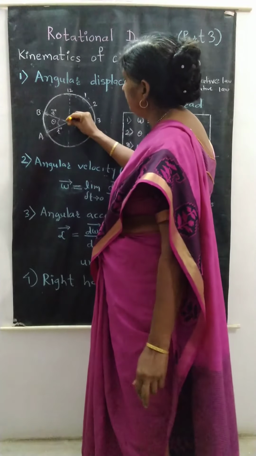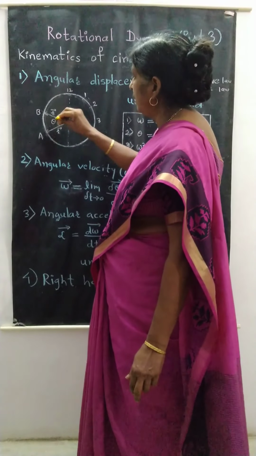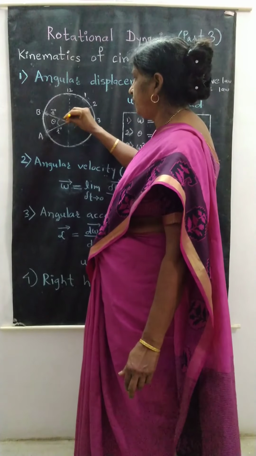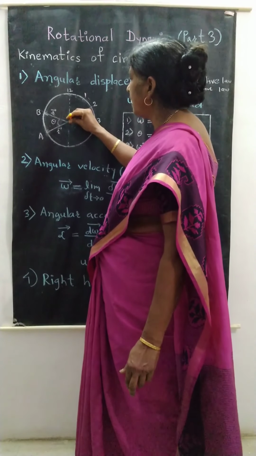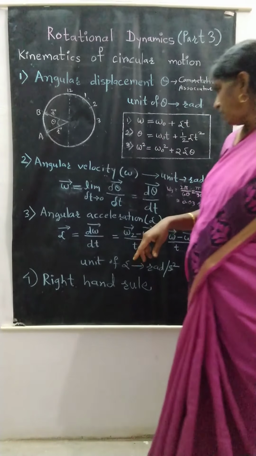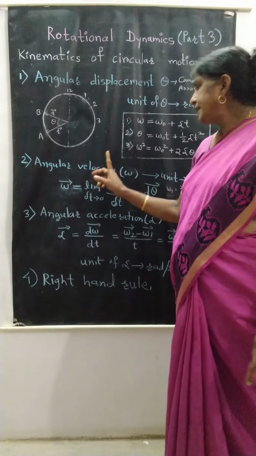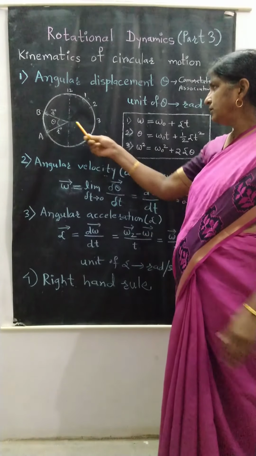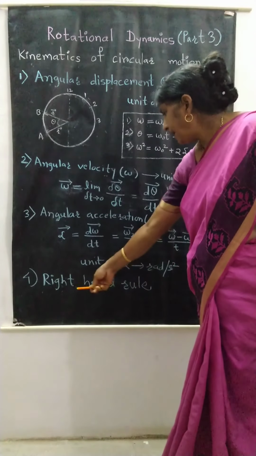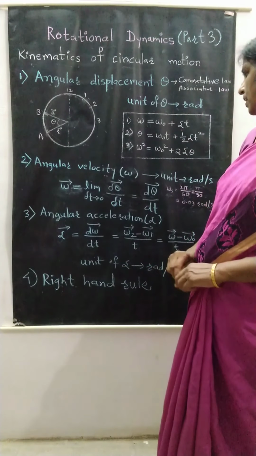Then the direction of omega is along the axis of rotation. It is either outwards or inwards. This direction of angular velocity will be further determined by the right hand rule.